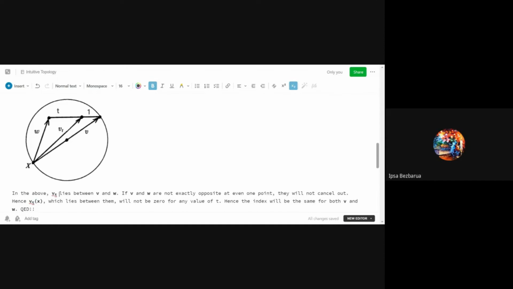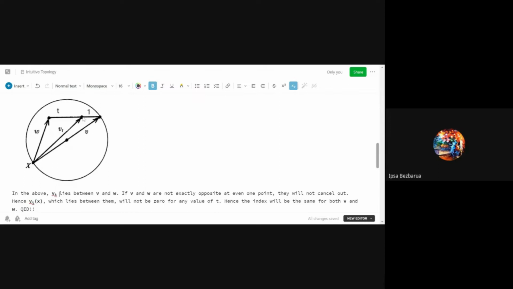Sorry, t is not between 0 and 1, t is just any non-zero integer. So I section this line segment joining the terminal points of v and w in a 1:t ratio.